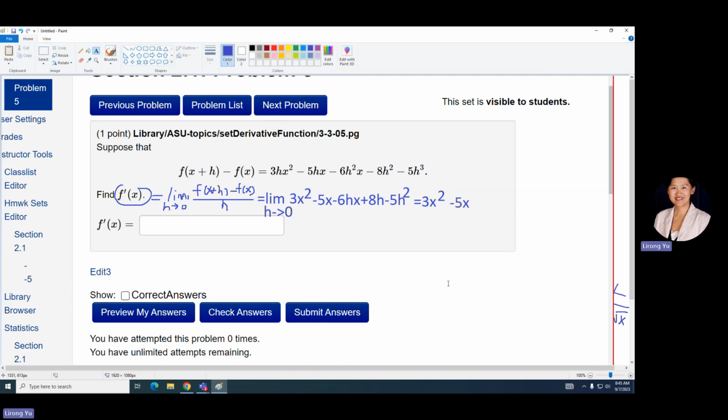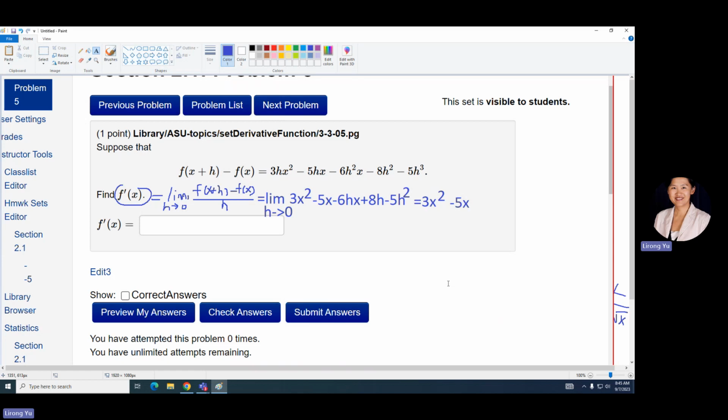That's the derivative. You can double check on your part. All the parts that have h, if you have h in the fraction, when h approaches 0, 0 multiplied by anything is 0. So 6 times 0 times x, 8 times 0, 5 times 0, it all becomes 0. So only the parts that have no h remain. They are constant relative to h.